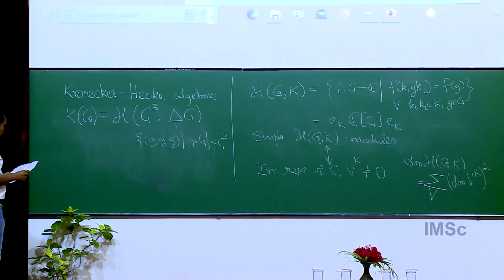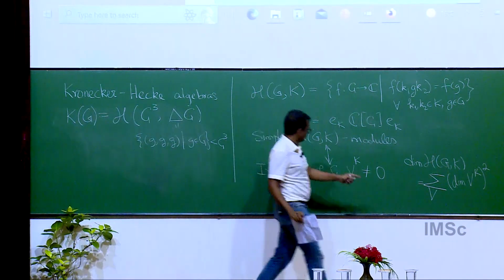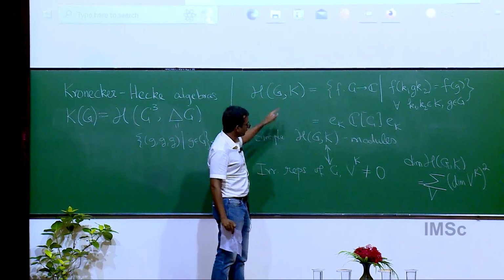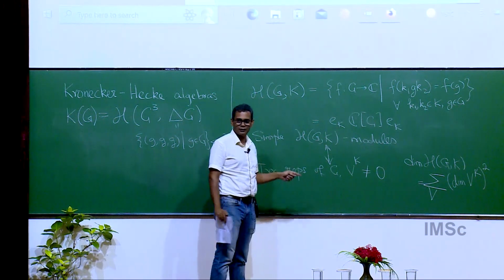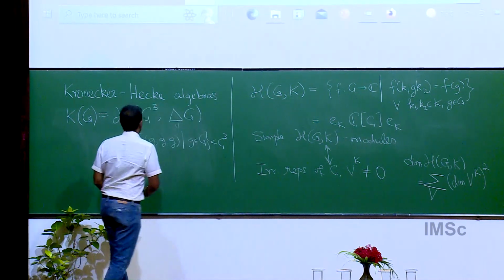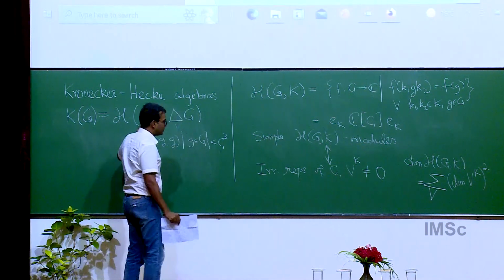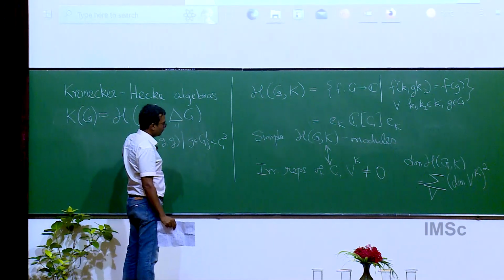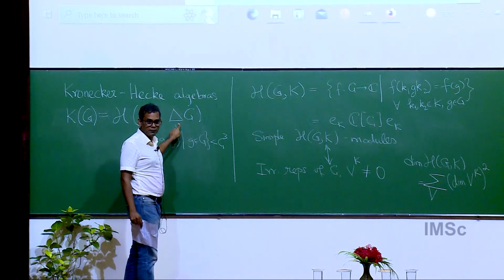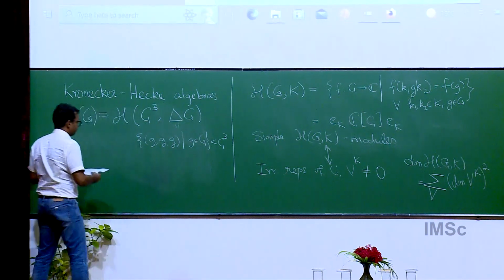And why is it called the Kronecker-Hecke algebra? Well, recall that irreducible representations of G cubed which have an invariant vector under delta G will be the simple modules for this algebra Kg.